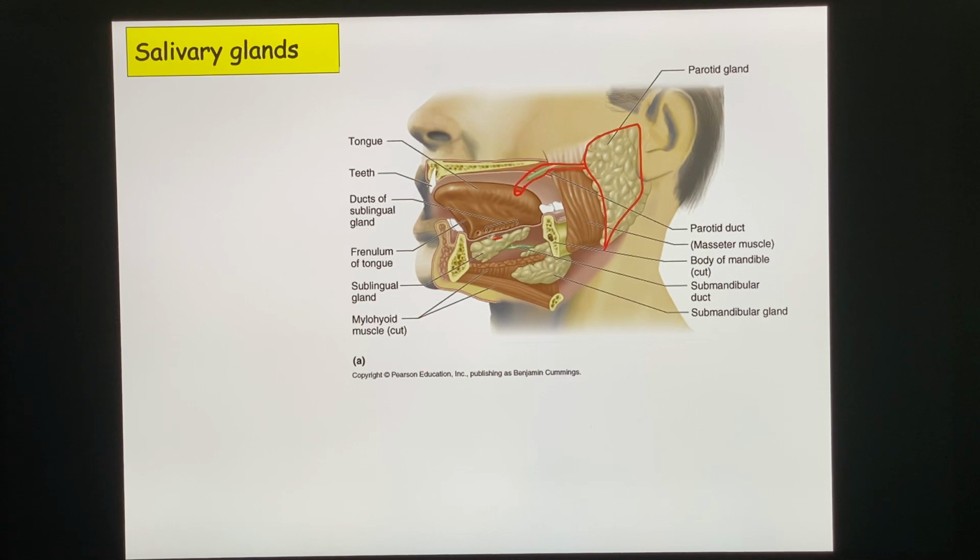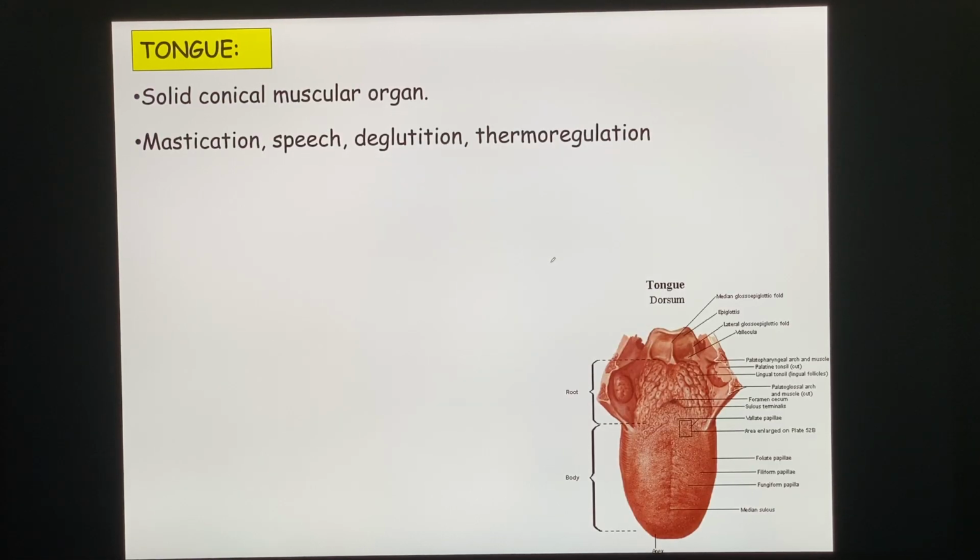Right below the tongue we have the sublingual gland, and here is the mandible, which is cut, and right below that we have the submandibular gland. You know where it opens as well, because being dentists, it has been very clearly taught to you where the ducts of these glands open.